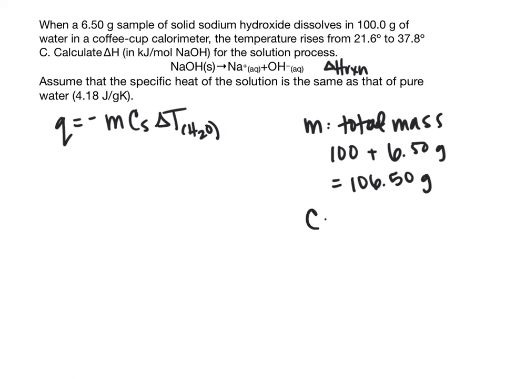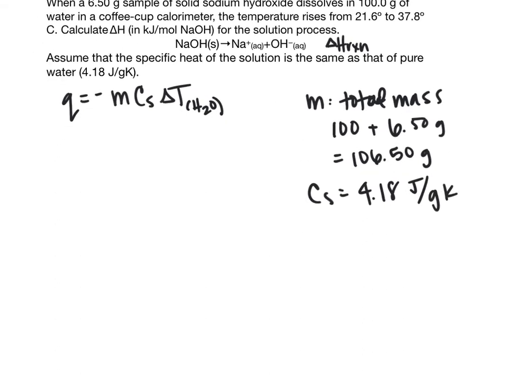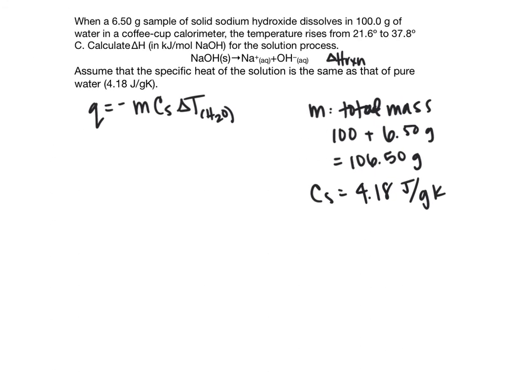So our C sub S is provided, and it's 4.184 joules. It's only 4.18 in this instance. So we're going to take our 4.18 joules per gram Kelvin. And so the last thing we need to think about is our delta T, which is 37.8 minus 21.6, which is going to give us 16.2 Kelvin.